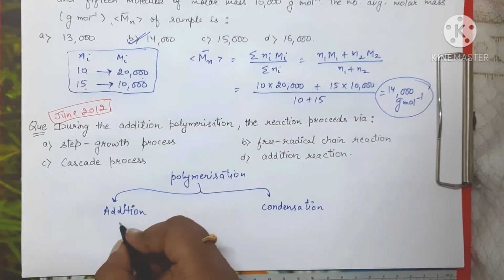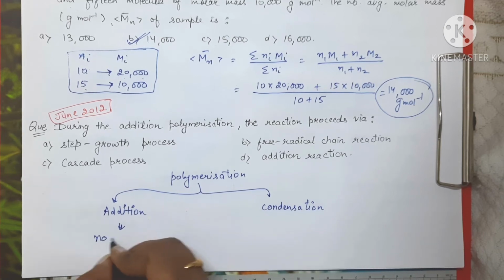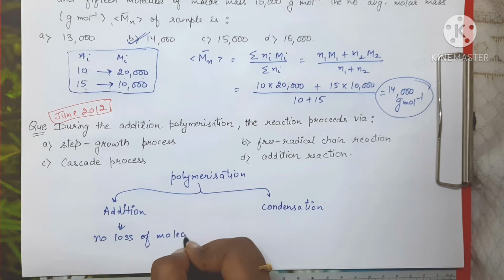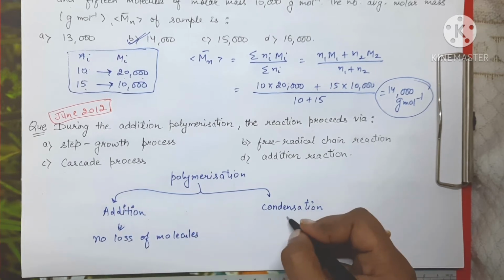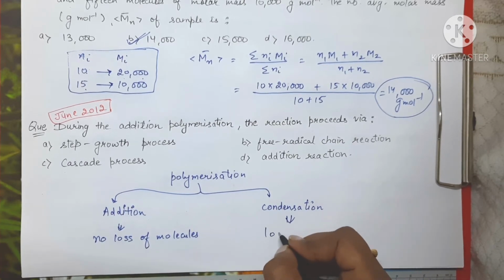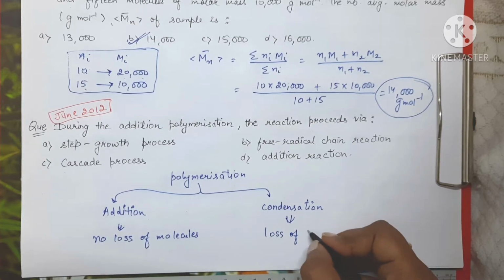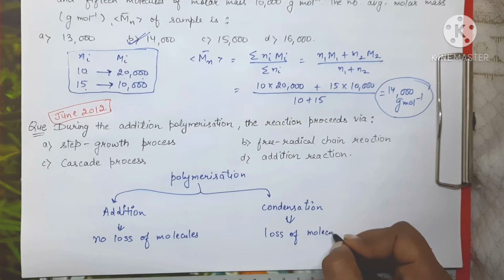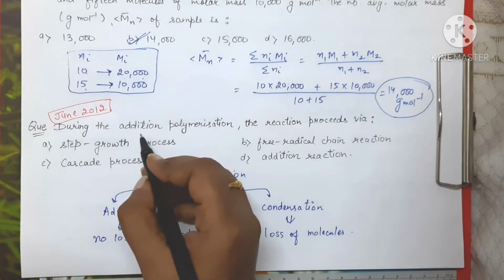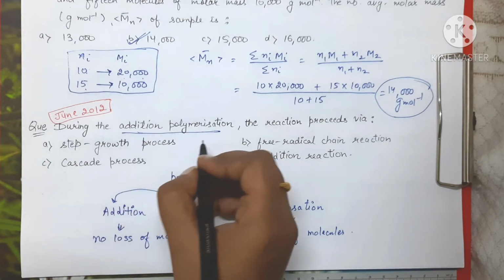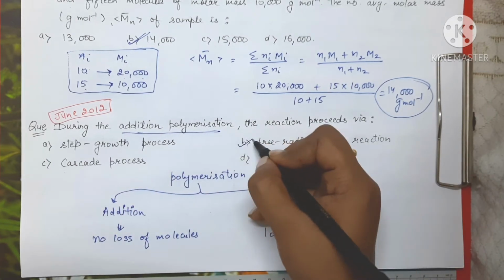In case of addition processes, there is no loss of molecules during the reactions, and in condensation process there is loss of smaller molecules like water. So addition polymerization proceeds via free radical mechanism.